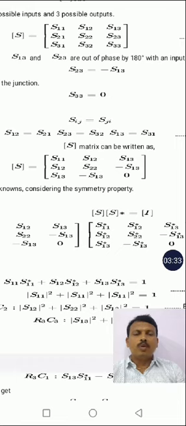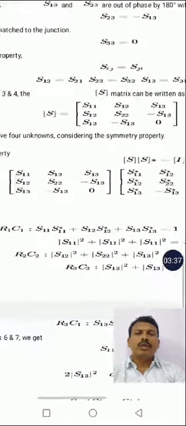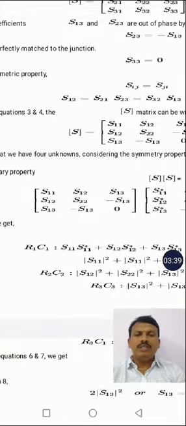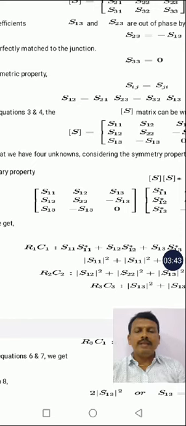Since port 3 of our T junction is perfectly matched, the diagonal element S33 is equal to 0. If any one port is perfectly matched, then its reflection coefficient will be 0. The reflection coefficient means S11 or S22 or S33.